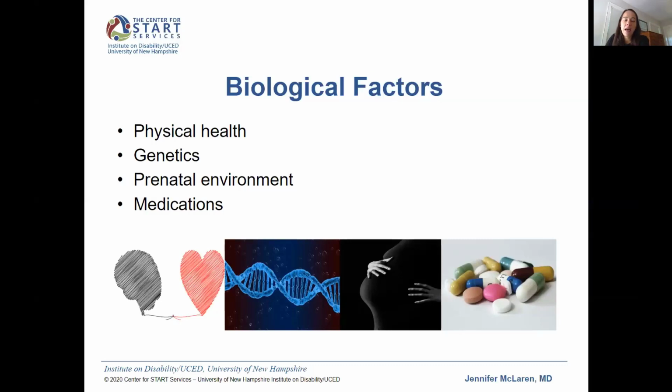So PGPM: physical health, genetics, prenatal environment, and medications. If you think about those 4 categories, you've really done a comprehensive overview of biological factors. And why you're learning this as part of being a START team member is you need to help push the system to think about all these different biological factors they may be missing.